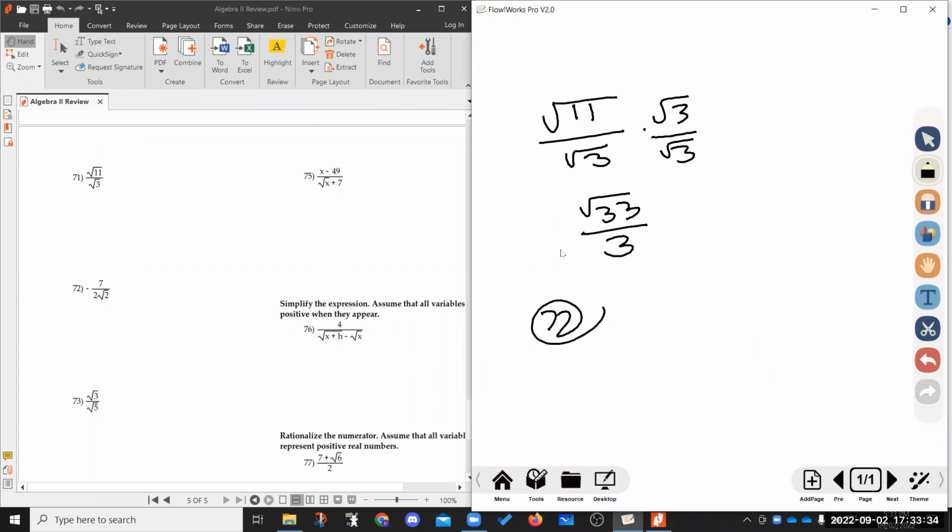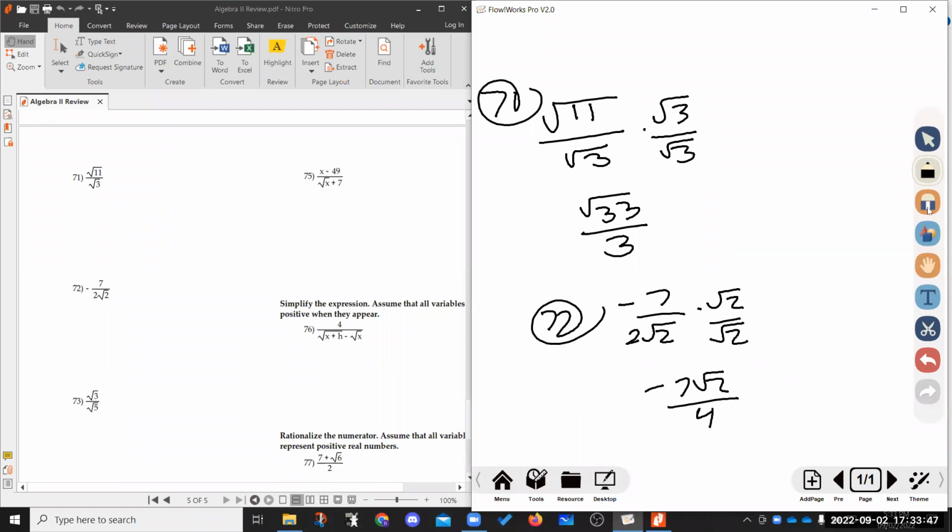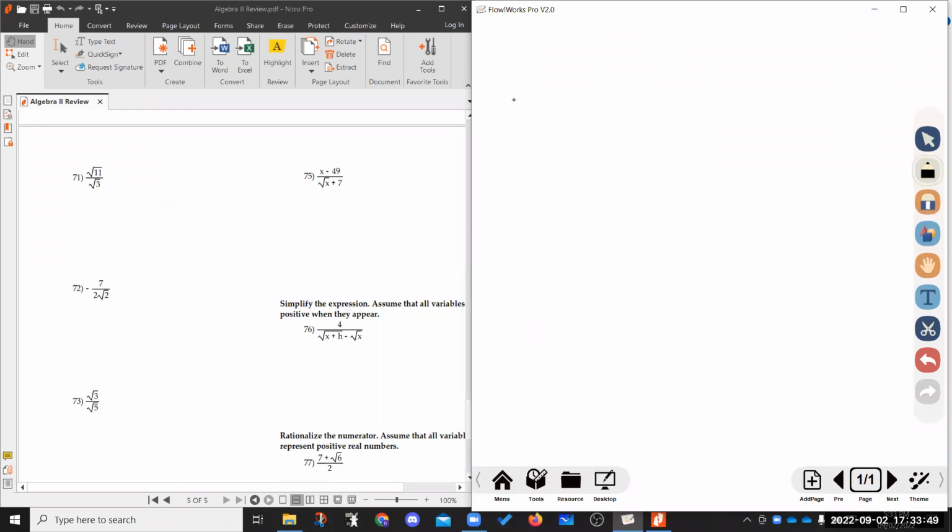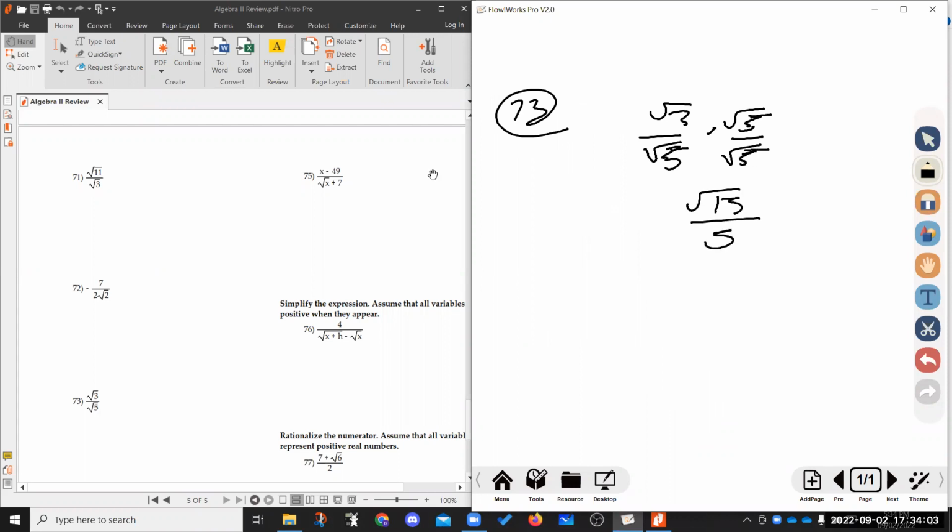Number 72, got -7 over 2√2, which is going to be -7√2 over 2 times 2 is 4. Number 73, √3 over √5. We're going to multiply by √5 over √5. It's going to give us √15 over 5.